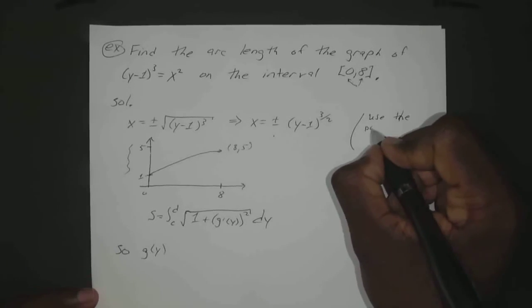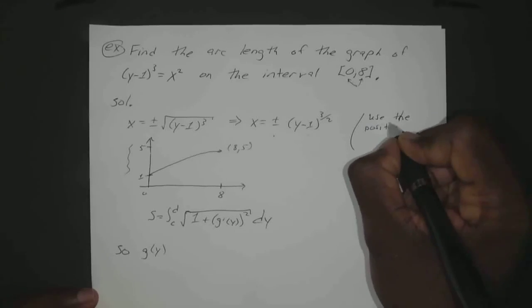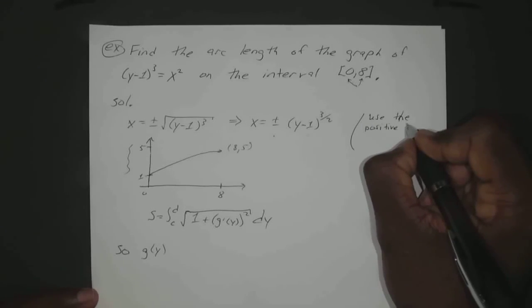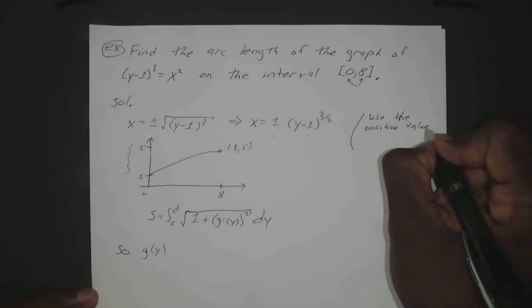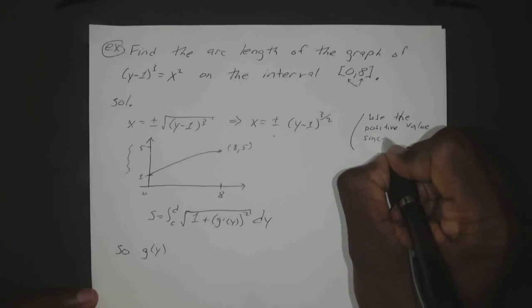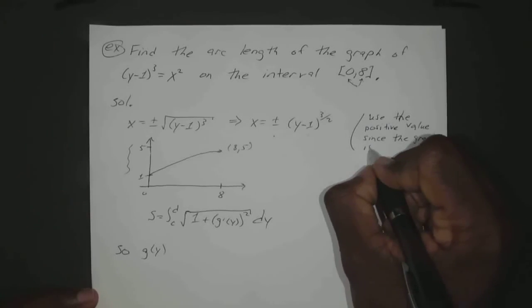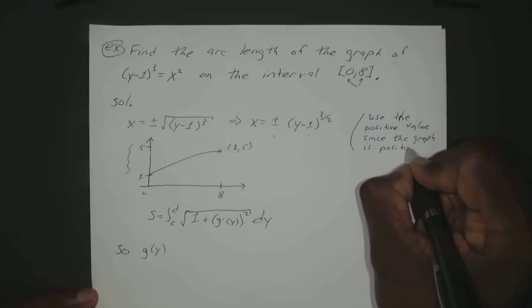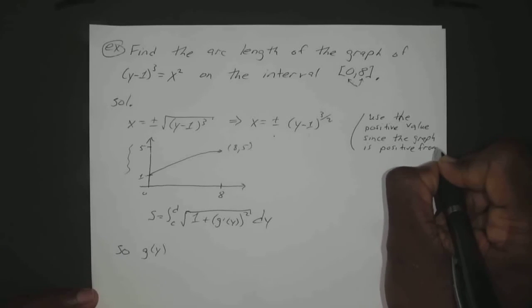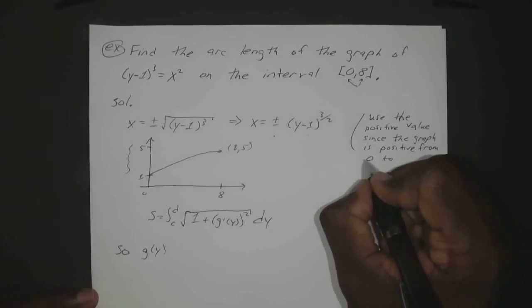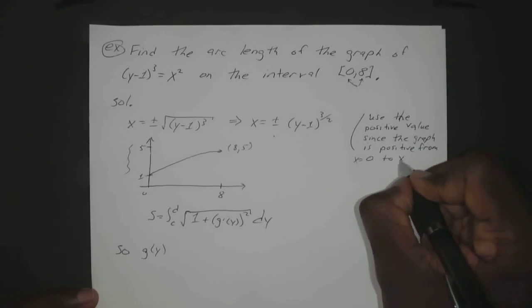So use the positive value since the graph is positive from 0 to 8, or x equals 0 to x equals 8.